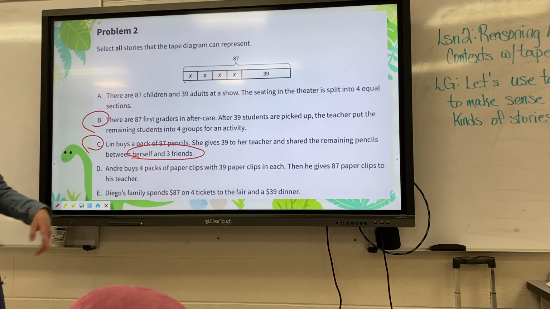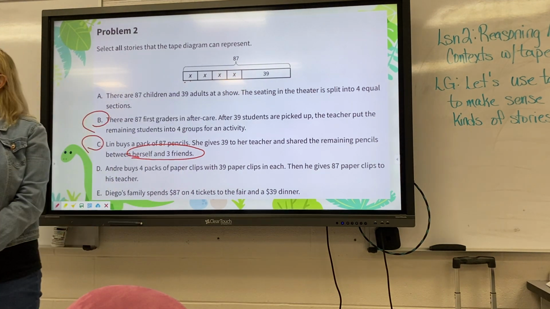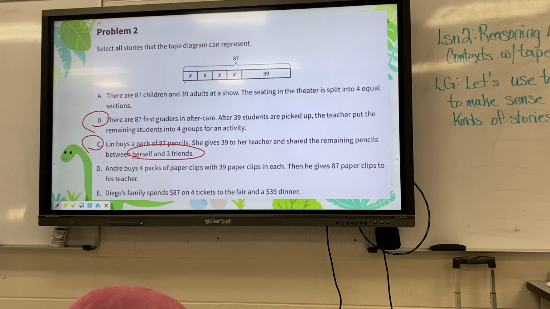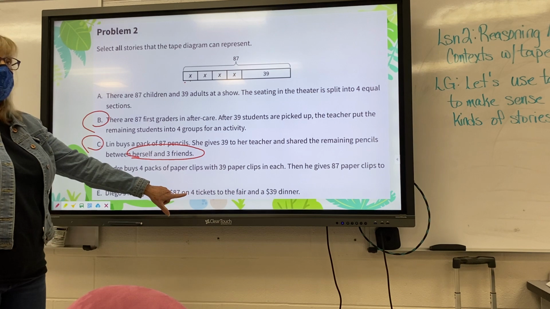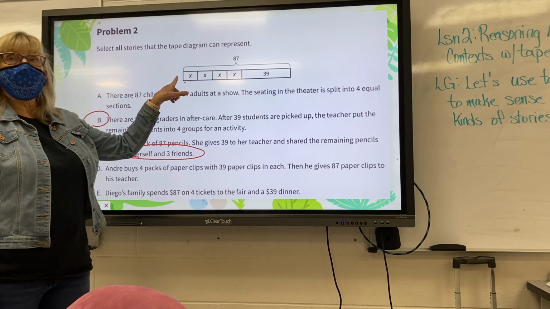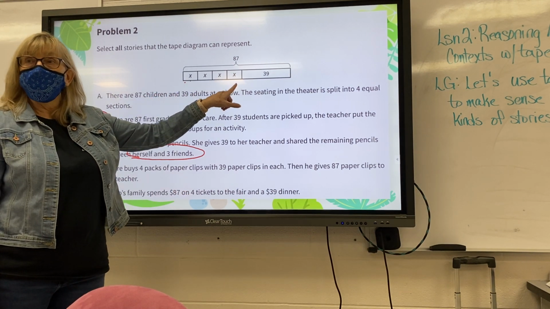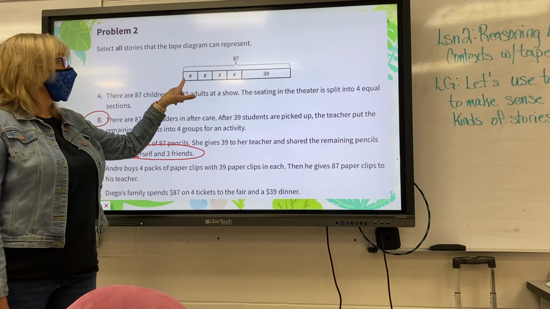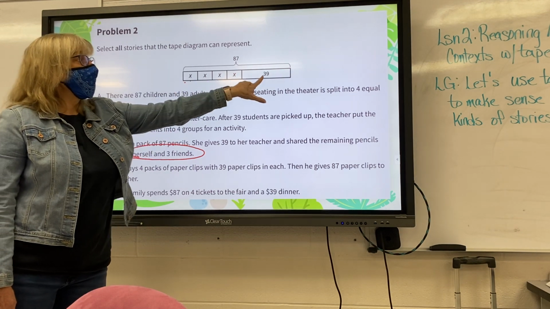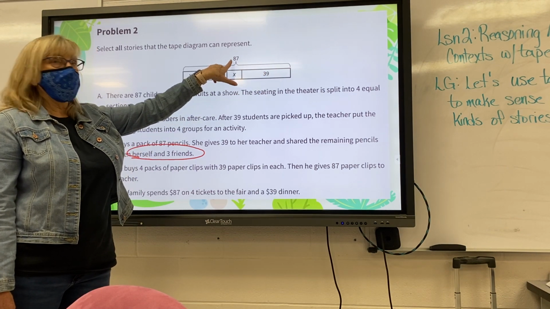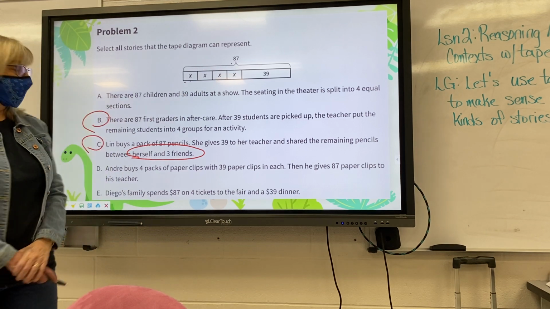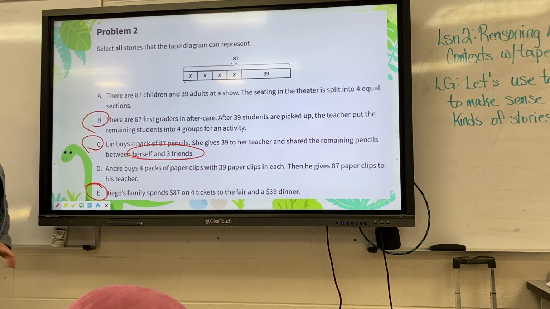Okay, the 39 is gonna represent dinner, and then what did they buy? And you would assume that the tickets cost the same, wouldn't you? So this is the 4 tickets, this is dinner, and we know they spent $87. So does E work? Yes. Okay.